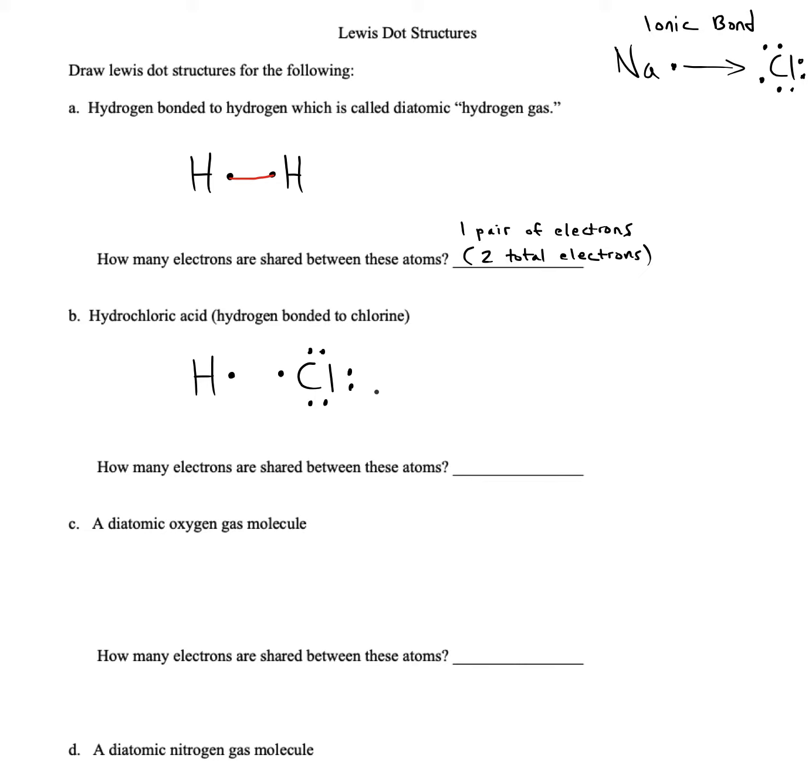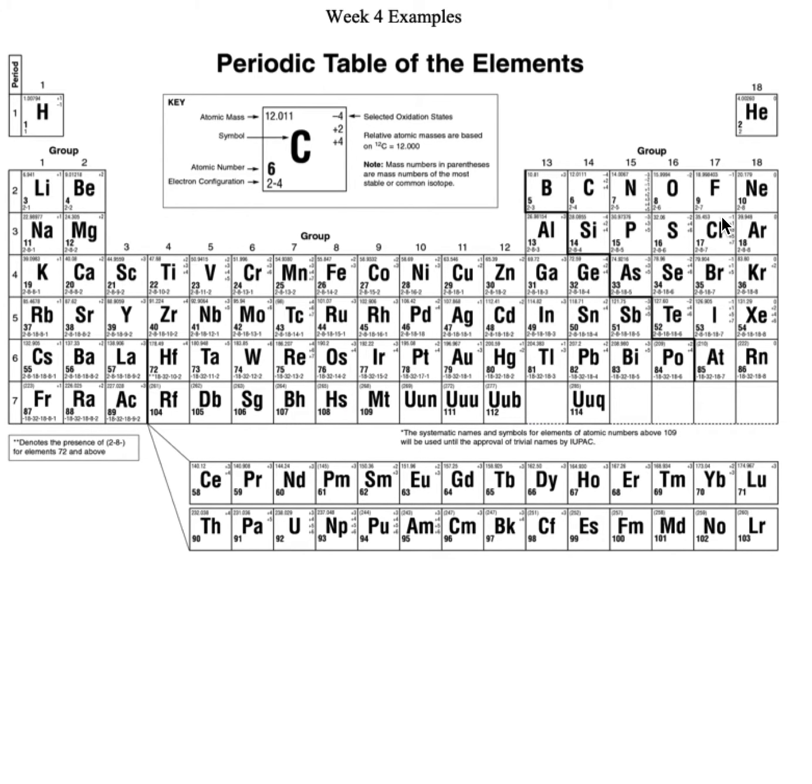And the 7 dots come from the fact that chlorine is in the second to last column of the periodic table. We see that chlorine is right here, and all the atoms in this column have 7 valence electrons, and that's why I drew 7 dots around chlorine.